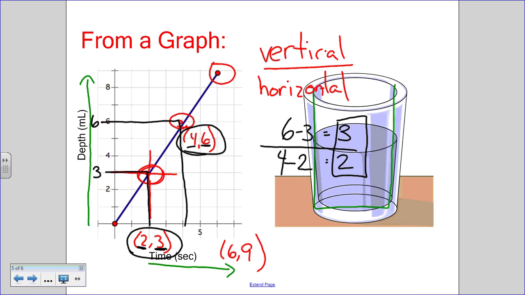That means for every 3 milliliters the glass gets filled, it takes 2 seconds of time. You find those values from your axis here, where it says our y-axis is measuring depth in milliliters and our x-axis is measuring time in seconds.